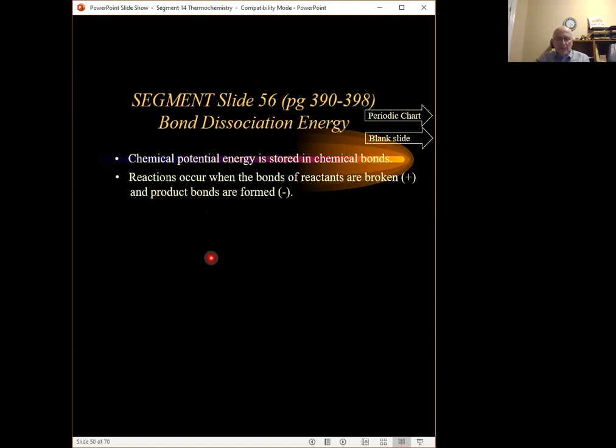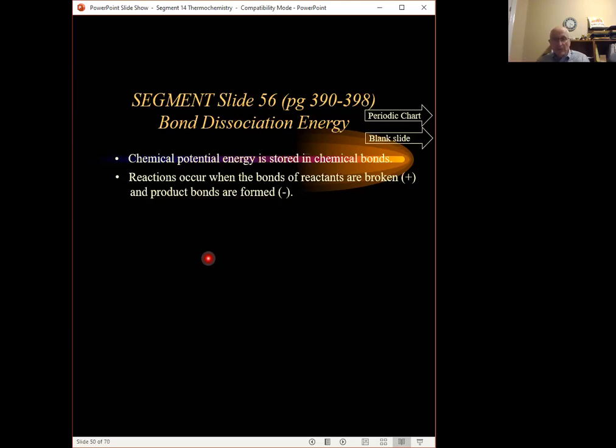Now, the way you make reactions take place is you take all of the atoms that are bonded together in the reactants and break them apart into atoms and see how much energy that would take. And then you take all of those atoms and recombine them in a different way, the way they are in the products, and create new bonds for the products.